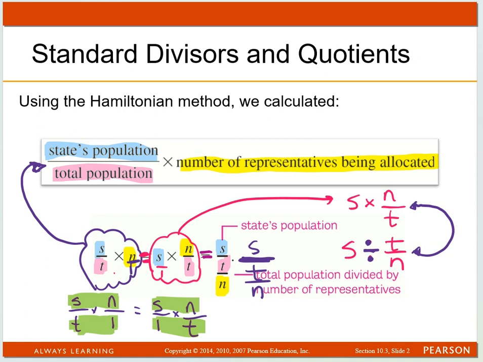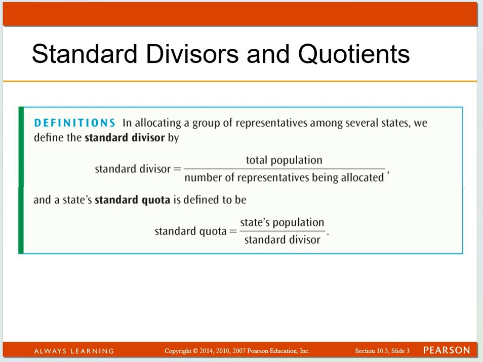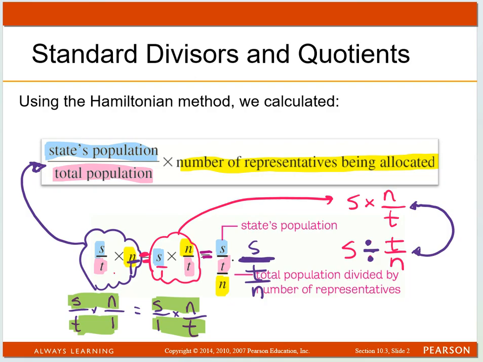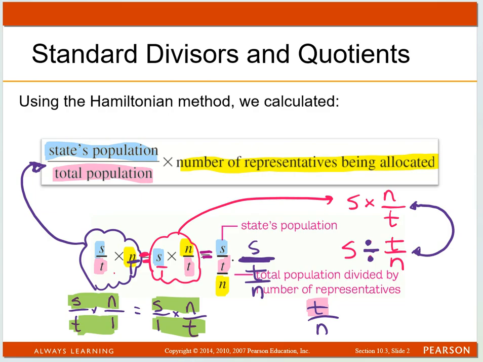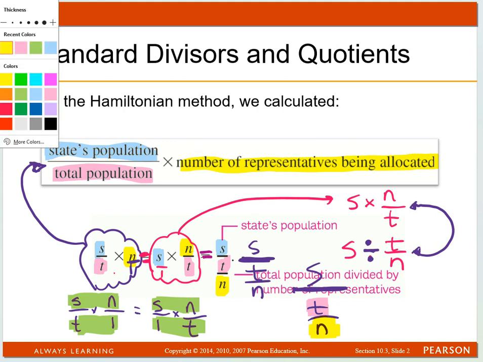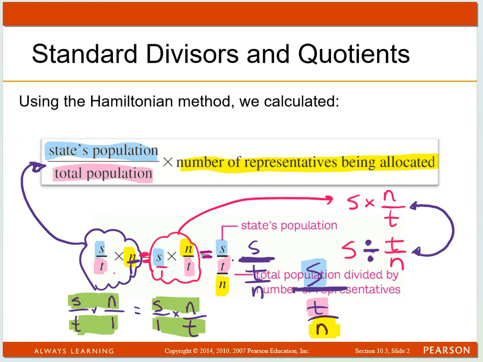And so, on the next slide, what they call this is, when you do the T over N, T was the total population, and N was the number of representatives. So that's your denominator underneath the S, and S was my state's population.